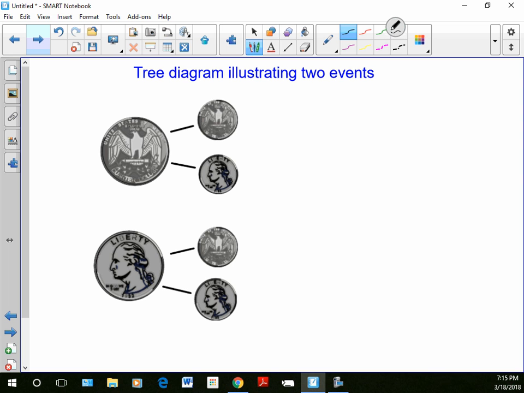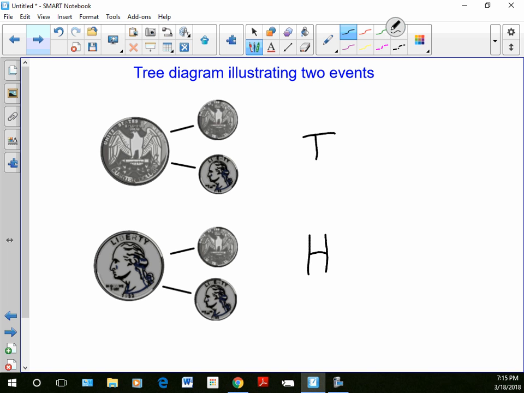The first coin could land on tails. It's represented by the eagle on this quarter. The first coin could also land on heads, which is represented by George Washington's head there on the quarter. So the coin could land on either one.